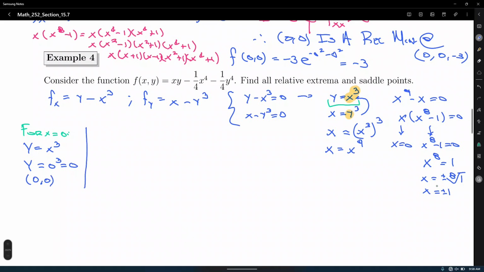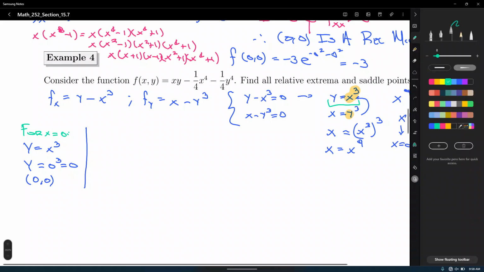Now, let's see what the critical points are for -1 and +1. For x equals -1, again y equals x cubed. That's how we're going to get the y value. And y equals -1 cubed, which is -1.